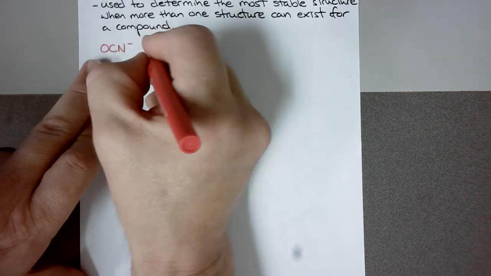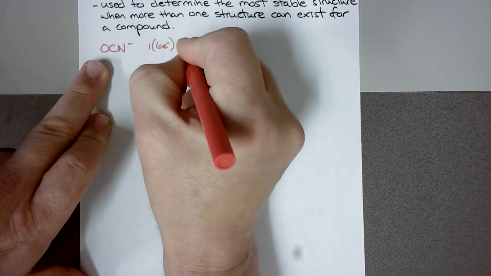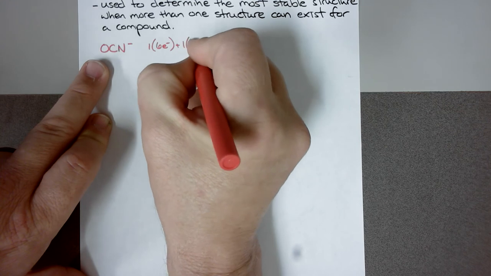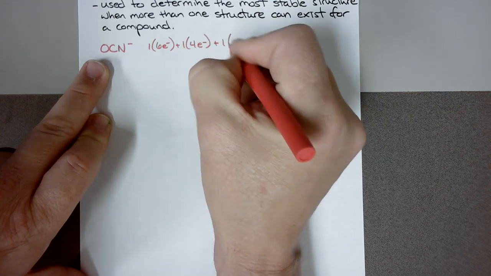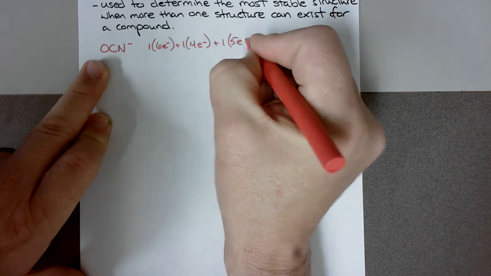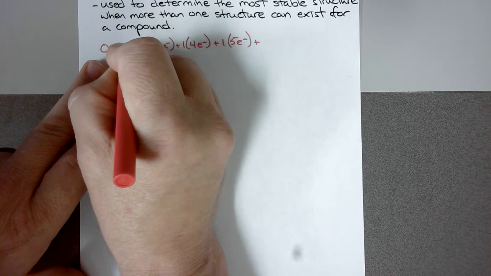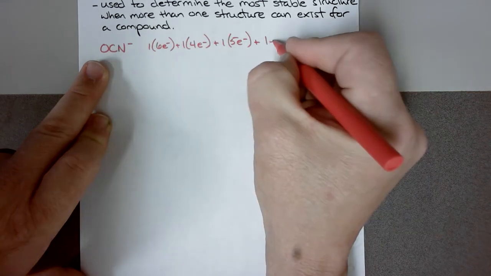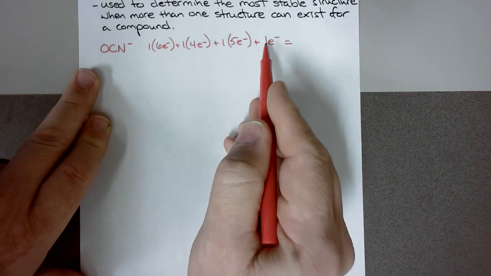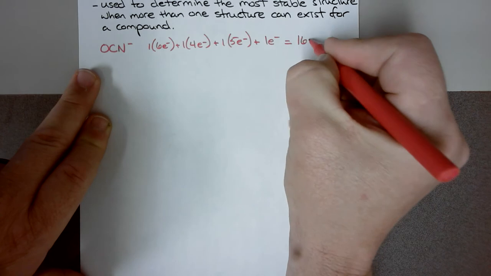So we have 1 times 6 electrons for the oxygen, plus 1 times 4 electrons for the carbon, plus 1 times 5 electrons for the nitrogen, plus there's a negative charge here, which means we have 1 extra electron. So that's 1 plus 5 is 6, 10, 16 electrons.